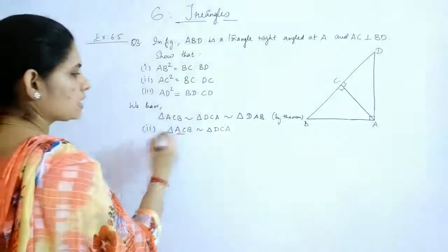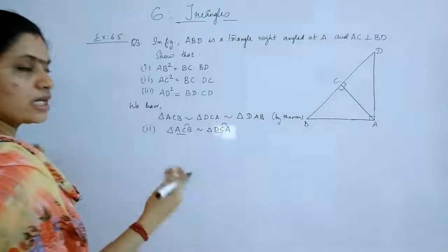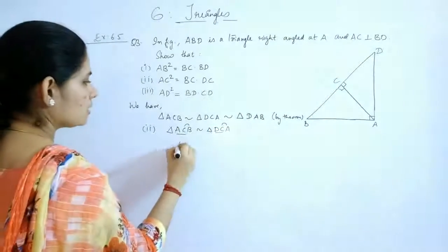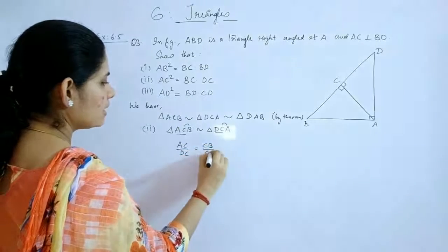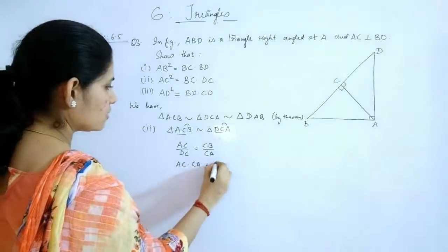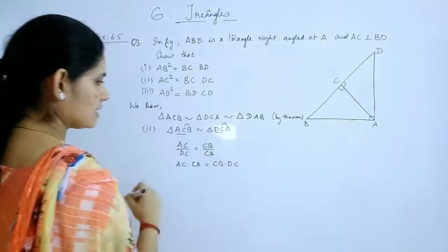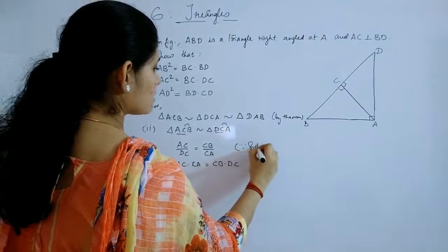That means when I am taking AC, I will take DC, and for CB I will take CA. CA is the same as AC. So you will get AC by DC is equal to CB by CA. That is, AC into CA is equal to CB into DC. Again, the reason is the same, since the sides of similar triangles are proportional.